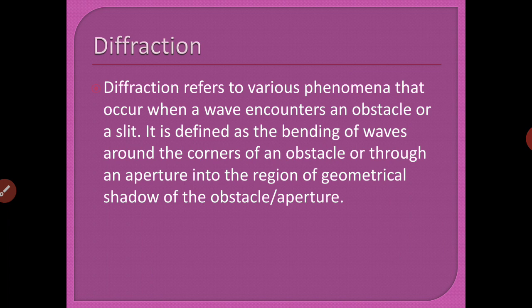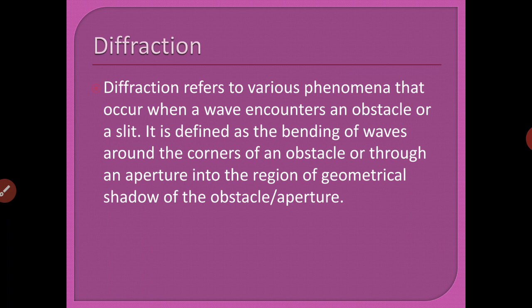now diffraction refers to various phenomena that occur when a wave encounters an obstacle or a slit. It is defined as the bending of waves around the corners of an obstacle or through an aperture into the region of geometric shadow of an obstacle or aperture. So diffraction is actually the bending of waves.